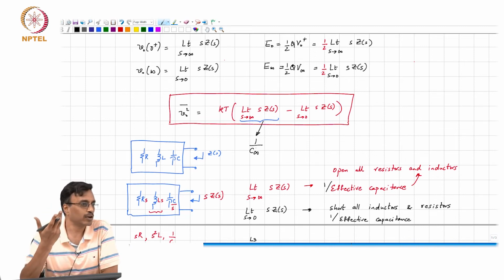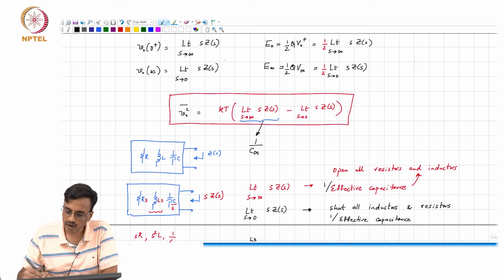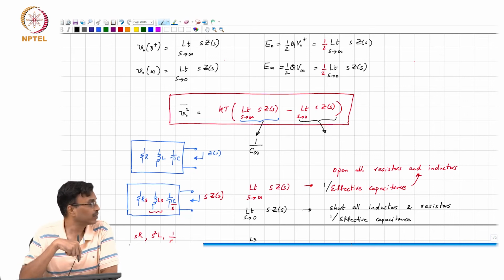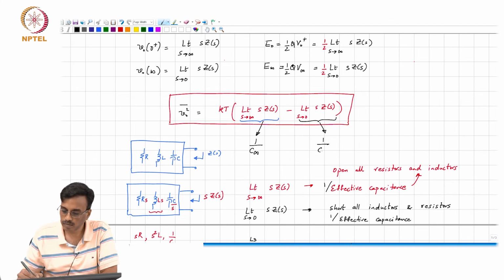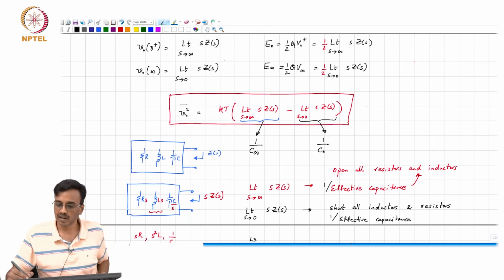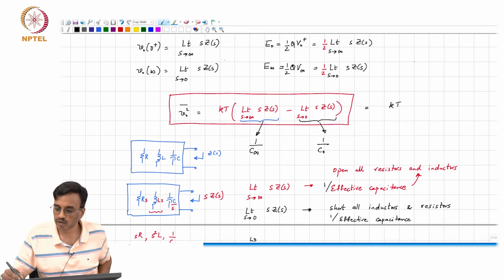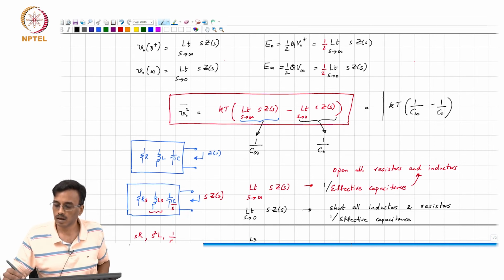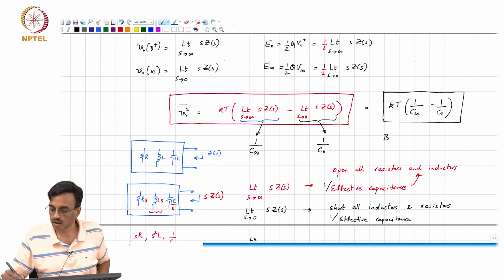Is the capacitance that you see when you open up all the inductors and resistors, and likewise, if you call this 1 over C infinity, what will you call this? 1 over C0, right. So, this is also written in this form in the books. And this is what is called Bode's noise theorem.